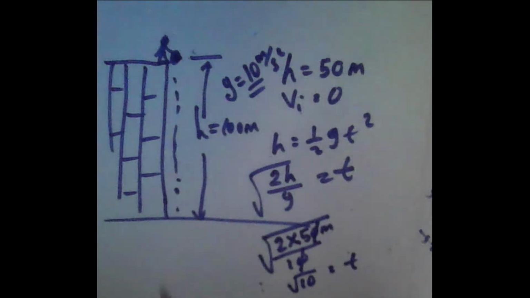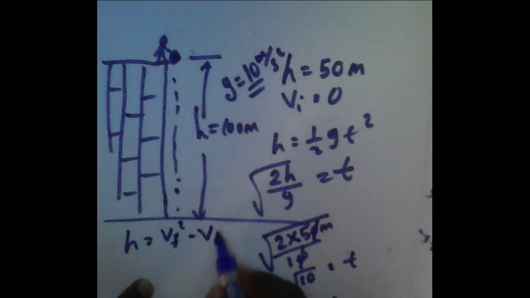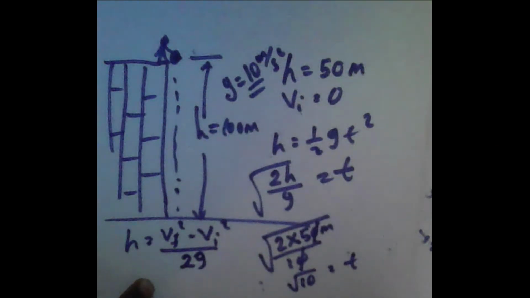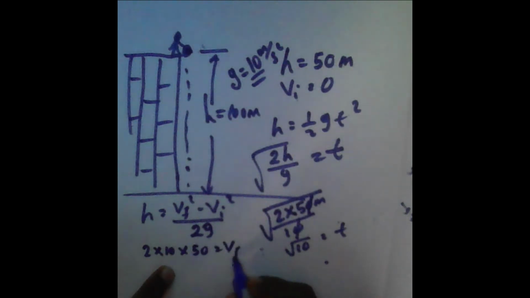Therefore, for the final velocity, we know that h is equal to v final square minus v initial square over 2 times the acceleration due to gravity. So 2 times 10 times h, which is 50, is equal to v final square. V initial is already 0.